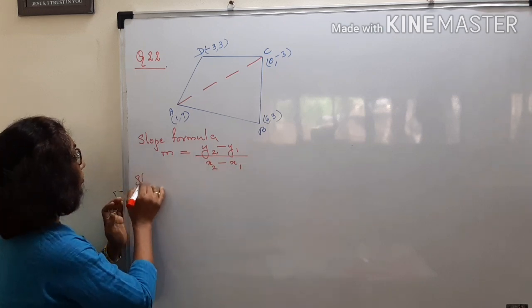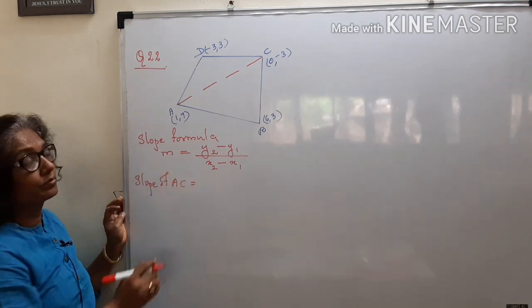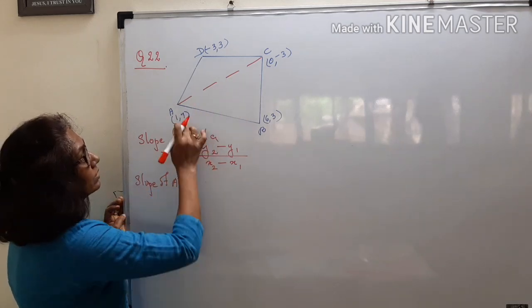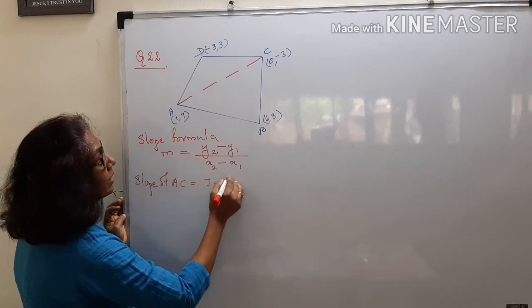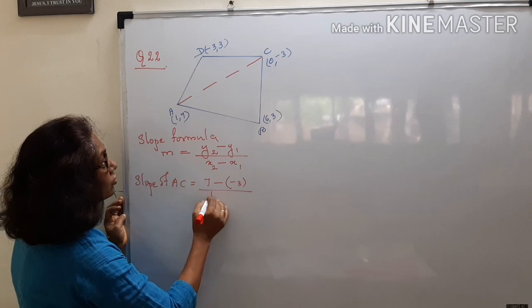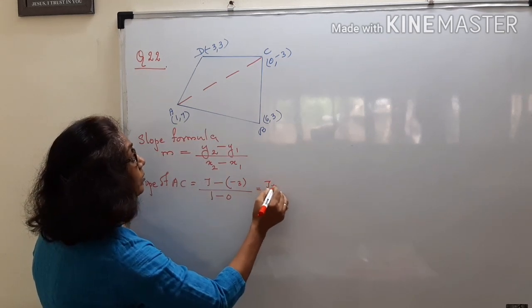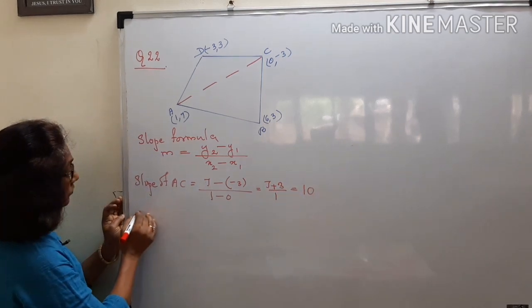Here slope of AC is 7 minus of negative 3 upon x coordinate 1 minus 0. So 7 plus 3 on 1, and that's equal to 10.